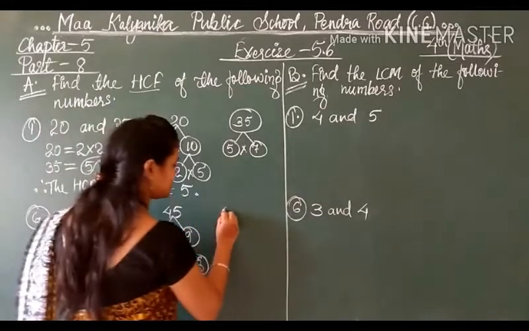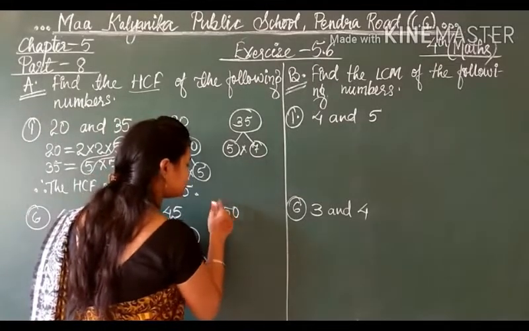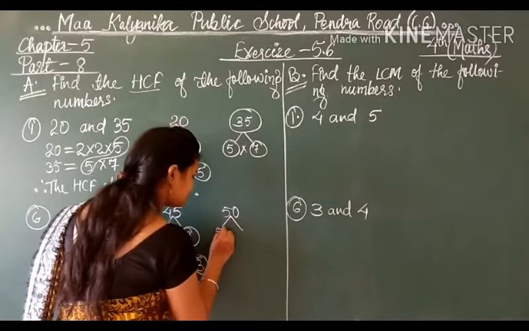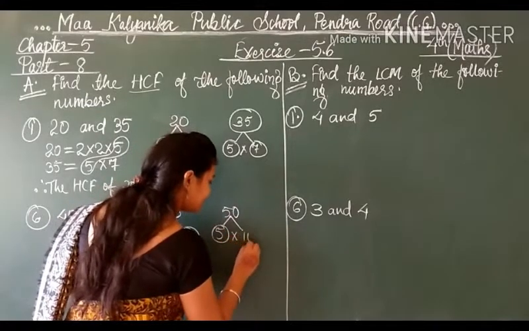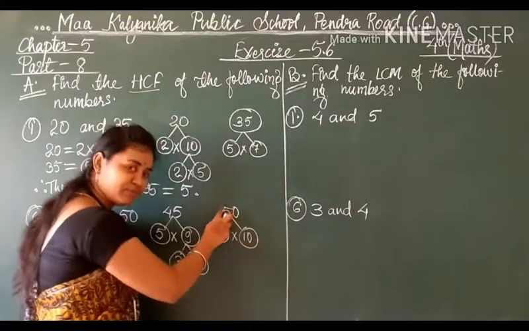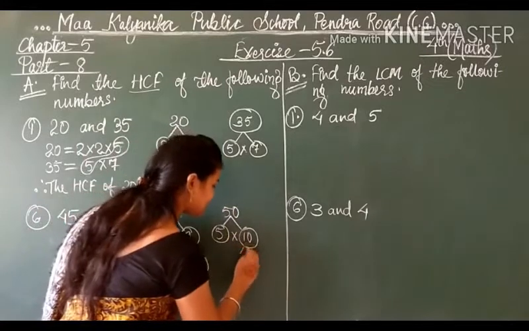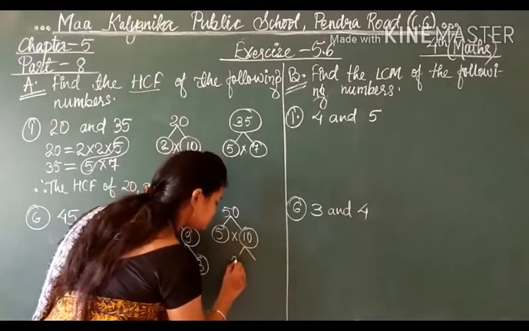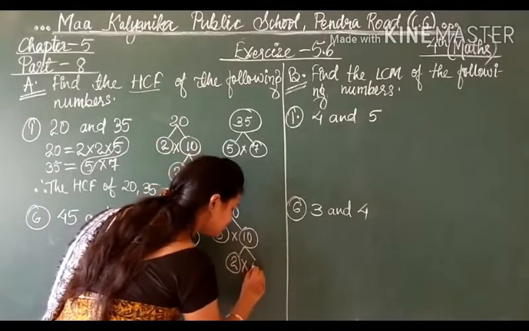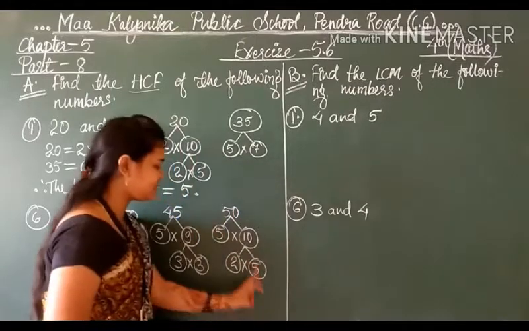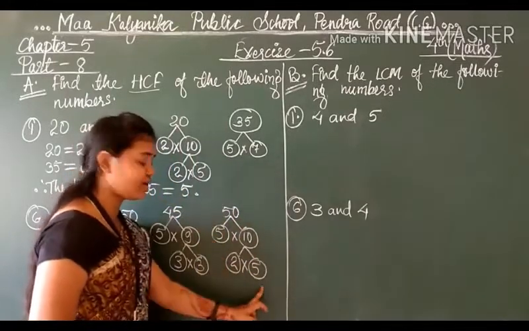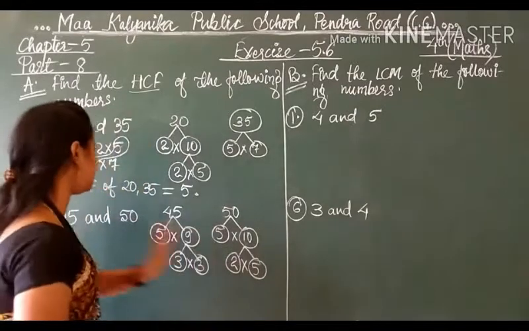Now moving to 50. 50 can be divided by 5. Yes, 5 multiplied by 10. 5 tens are 50. Now 10 can be divided further. 2 multiplied by 5. 2 5s are 10. Now 5, 2 and 5 cannot be divided further. So these are the factors.